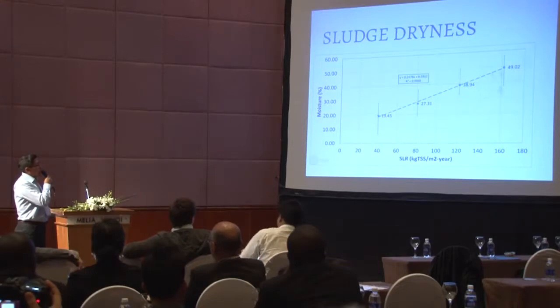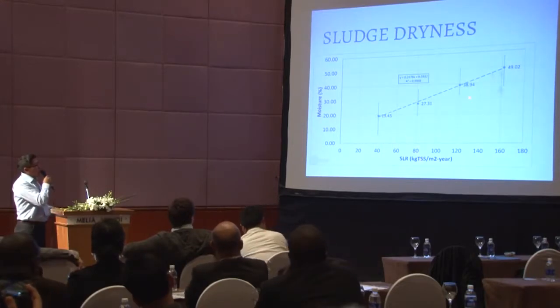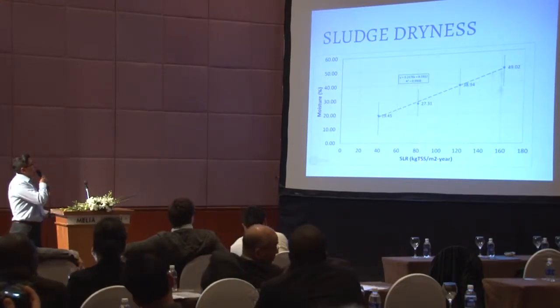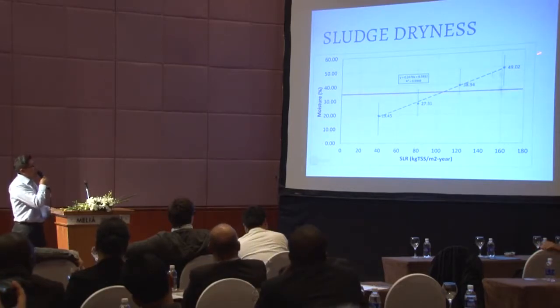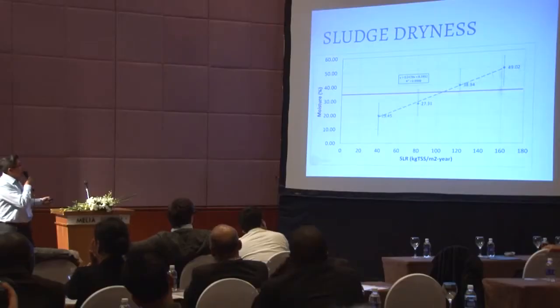We checked the sludge dryness. As you can see, we have the results for 4 different loading rates. There is a tendency of a linear increase, but there is a recommendation for reusing the final product, the dried sludge.